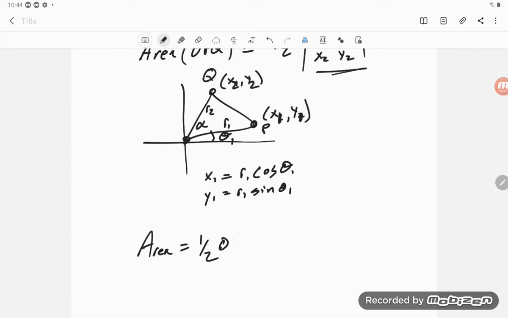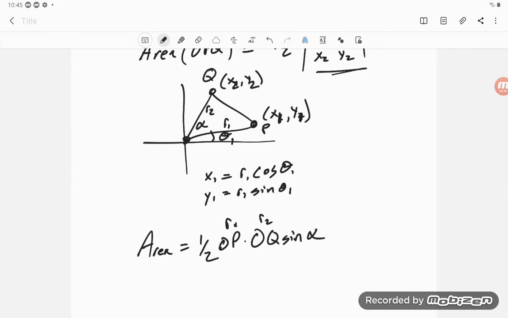We'll do it like they do, OP, and then times OQ sine alpha. Now this is R1 and this is R2 here.